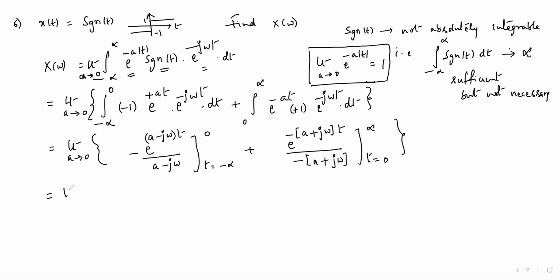So limit a tending to 0, minus 1 divided by a minus j omega. Upper limit it is e to the power of 0, lower limit it is e to the power of minus infinity. Next, minus 1 by, and substitution of the limits, we will get e to the power of minus infinity upper limit and e to the power of 0 lower limit.